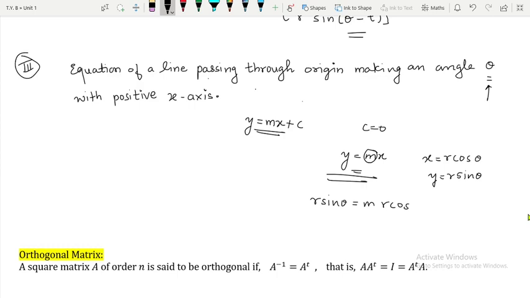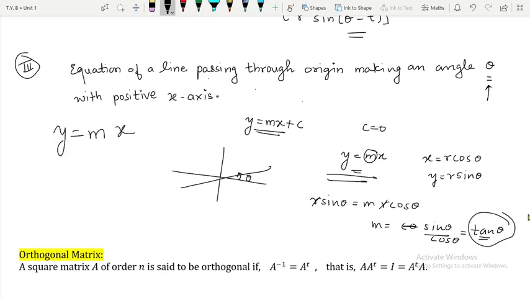So the meaning is, if we know the angle made by the line with the positive x-axis, that is sufficient for us to write the equation of a line, because with the help of that angle we can tell the slope, and slope is sufficient to write the equation of a line passing through origin, right? This m is important. Once it is known, we can immediately tell the equation of the line. So once we know theta, the angle made by the line with the positive x-axis, we can tell the slope, m is equal to tan theta, and therefore the equation of the line in that case will be y is equal to tan theta x.